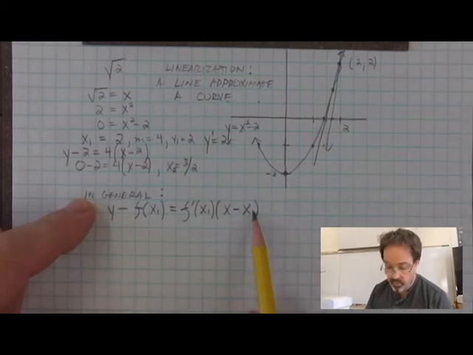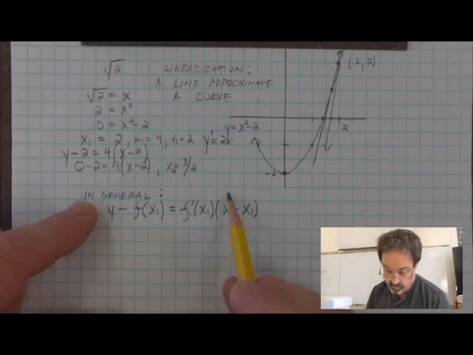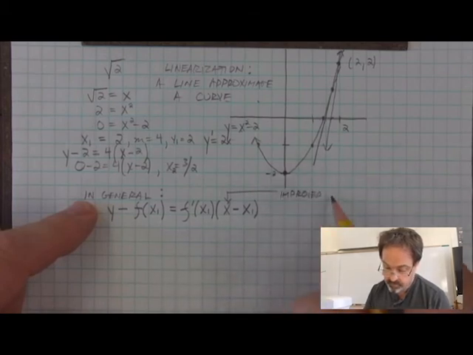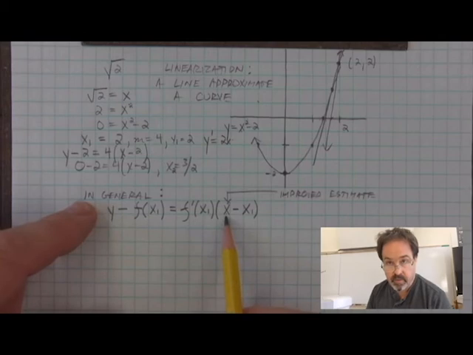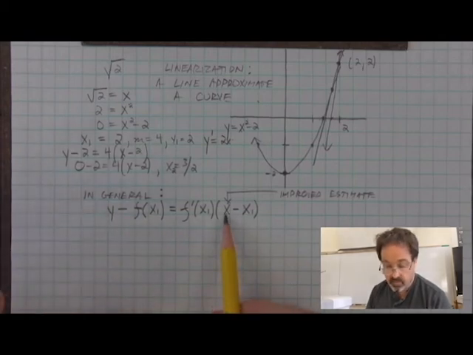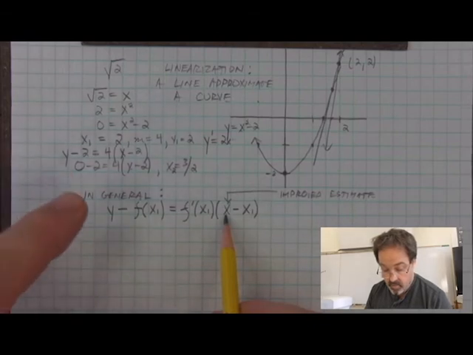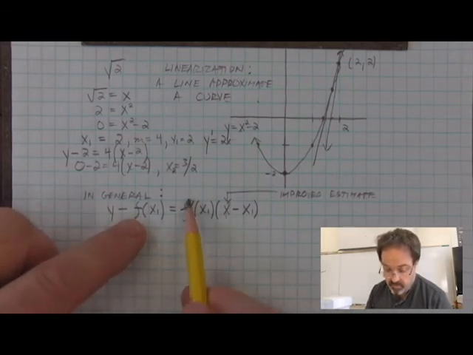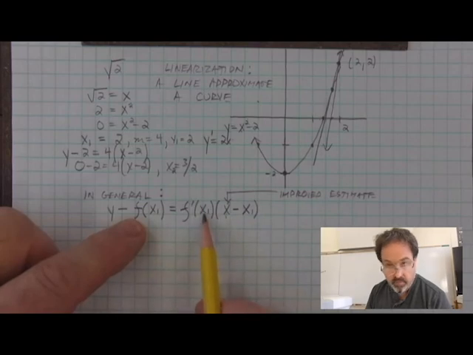What we're looking for is to improve our estimate. And that means that we're looking to solve for that x. This would be the improved estimate. And if we wanted to solve for this x, and that x represents an intercept, then our y value is 0. And we can get x by itself by dividing both sides by f prime evaluated at x sub 1 and then adding x sub 1.